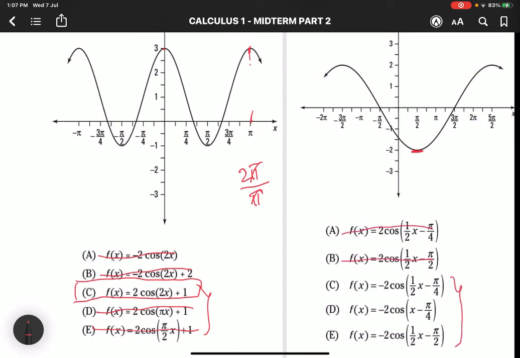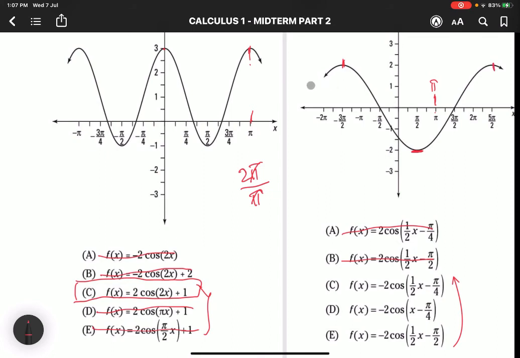Ito na ating choices. So, 0 ang ating midline and yung period na lang, no? So, nakikita nyo, ito yung kanyang pi, no? So, from this point, okay, to this point.